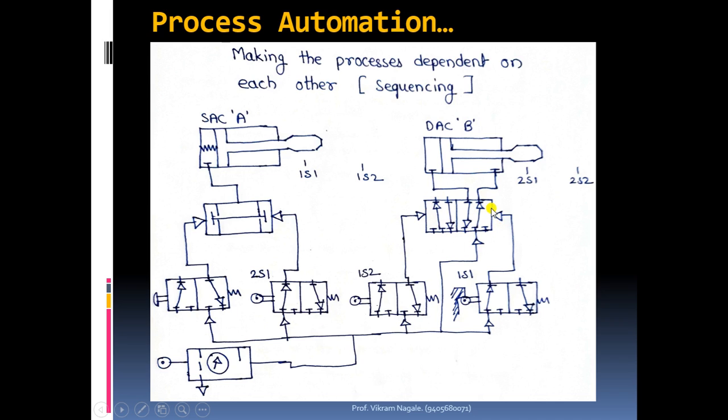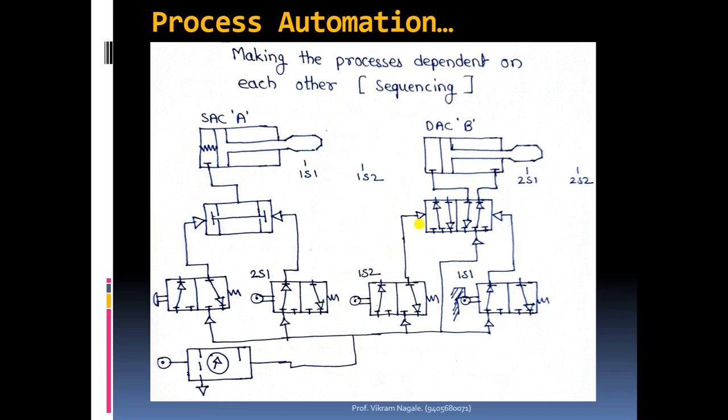But if you release the pressure on the right hand side of this valve, then what will happen is this left side block will become active because of the presence of the positive pressure on the left hand side of the valve.